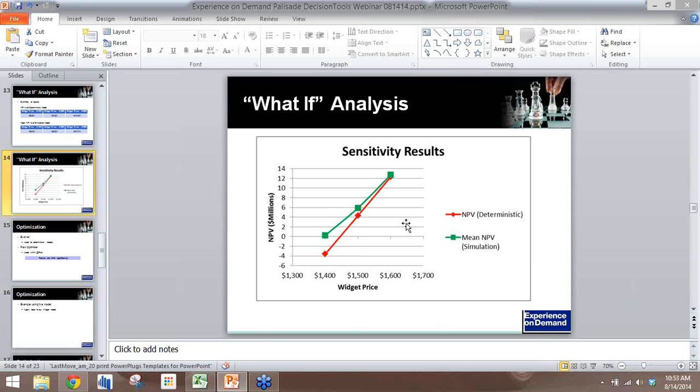Because of the nonlinear behaviors in the model, you'll have different sensitivities and hence different actual risk behavior in the model, and we believe that that is best represented using the Monte Carlo simulation approach. And especially what you find interesting is that down here in these adverse cases where you have the $1,400 value, you get dramatically different results. Obviously, a possibility of losing $3.6 million is drastically different than an adverse profit of plus $900,000 in that adverse case.